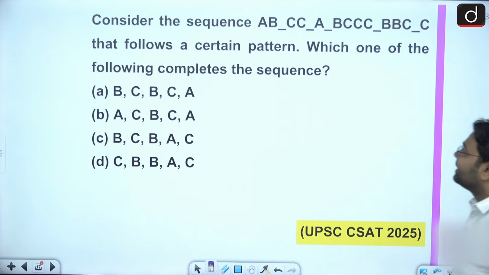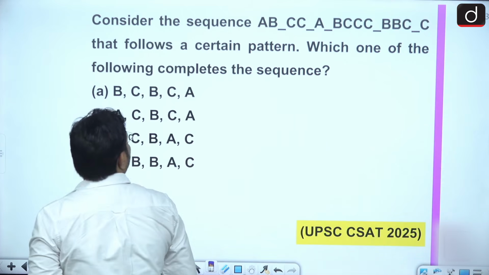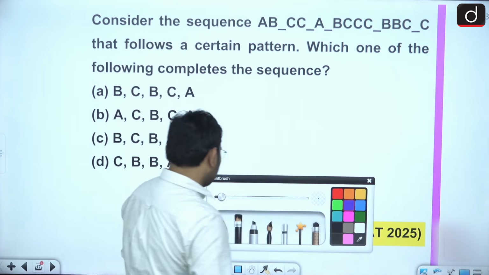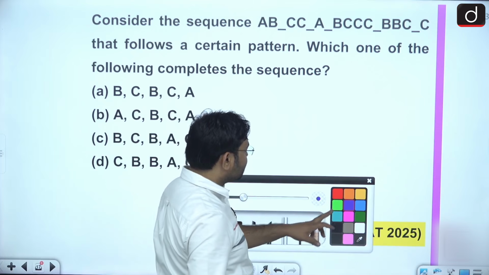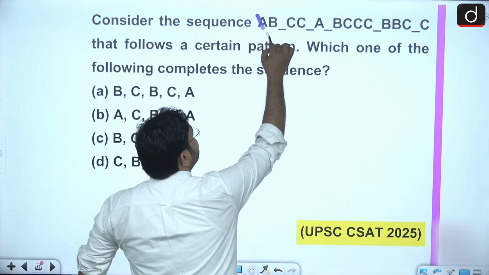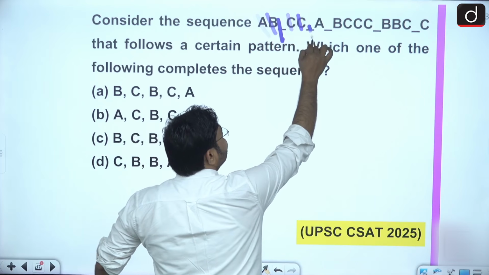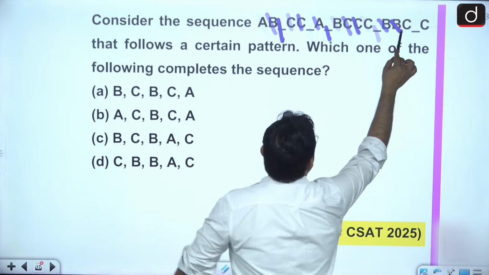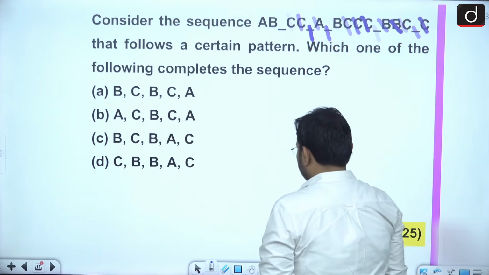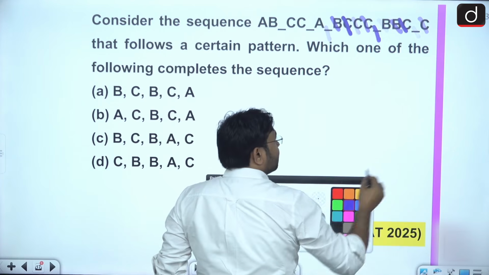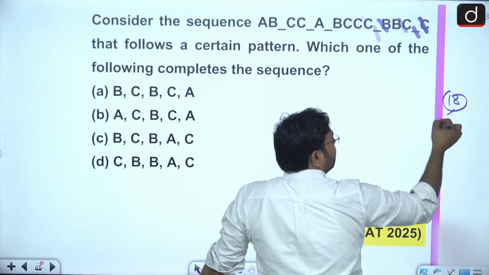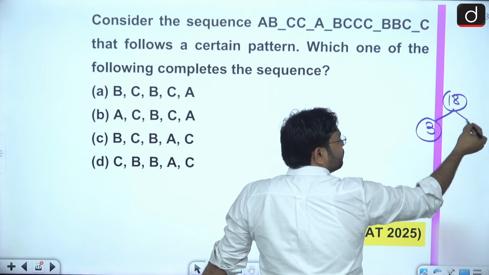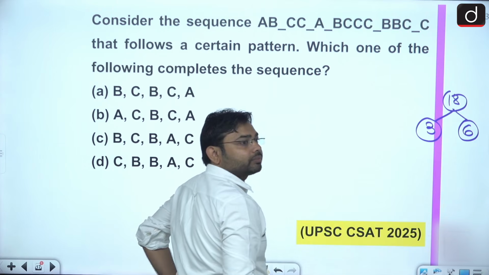Consider the sequence that follows a certain pattern. Which one of the following completes the sequence? First, you need to know how many letters are there. First, second, third, fourth, fifth, sixth, 7, 8, 9, 10, 11, 12, 13, 14, 15, 16, 17, and if total letters are 18, then you need to break down in two parts, either pairs of 3 letters or pairs of 6 letters.